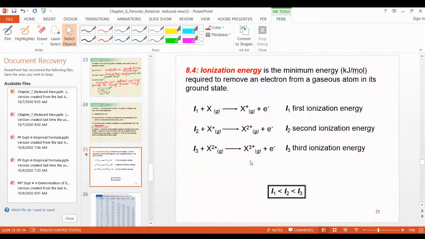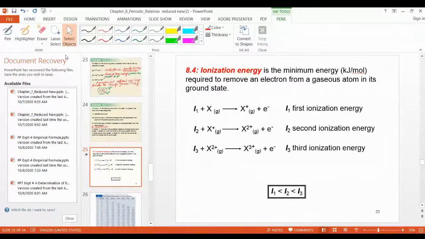Now ionization energy. Ionization energy is the energy required to remove an electron from a gaseous atom in its ground state. This is only the definition of ionization energy.